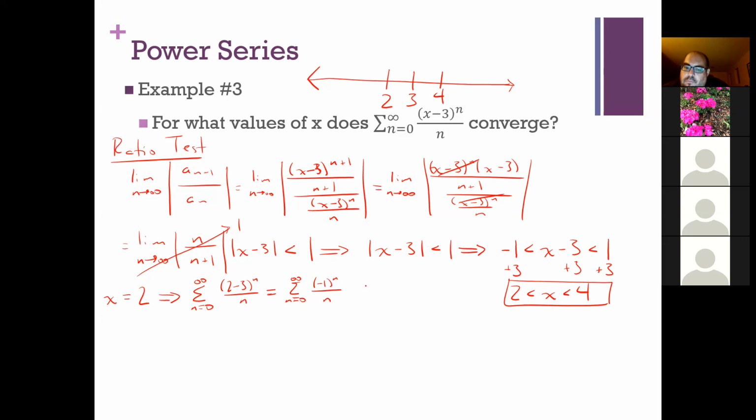It converges. So the ratio test didn't tell us what happened when x equals 2, so we had to use, let's be really clear about this, what test tells us that this thing converges? The alternating series test. Yeah, this is the alternating series test.